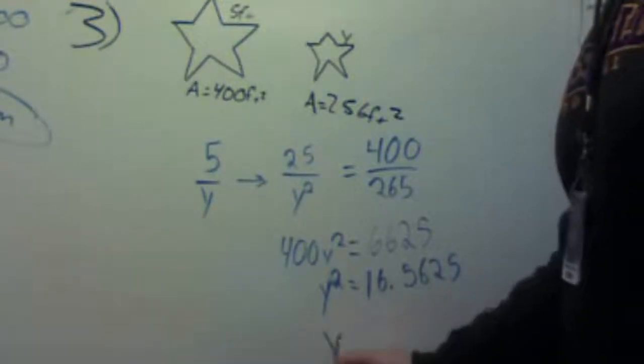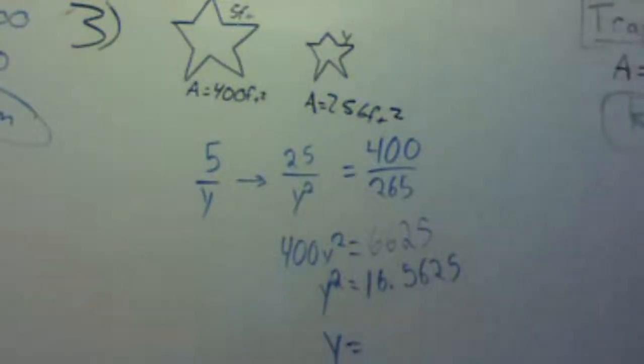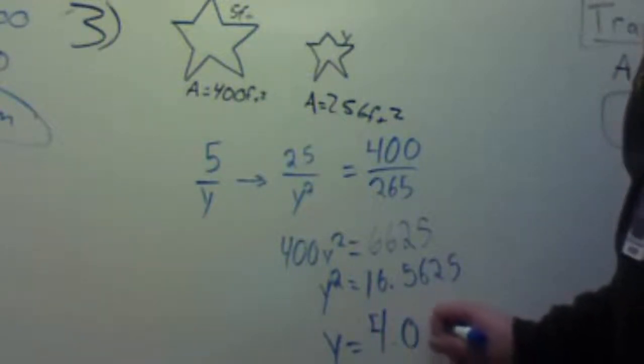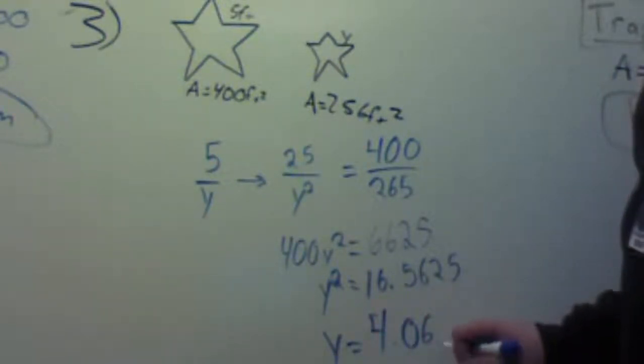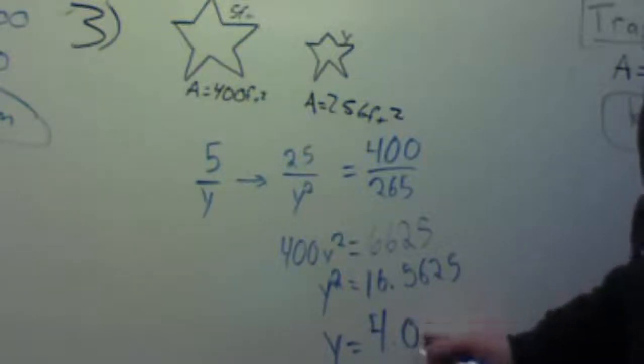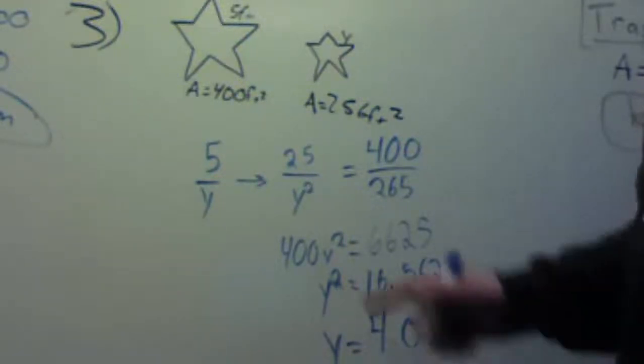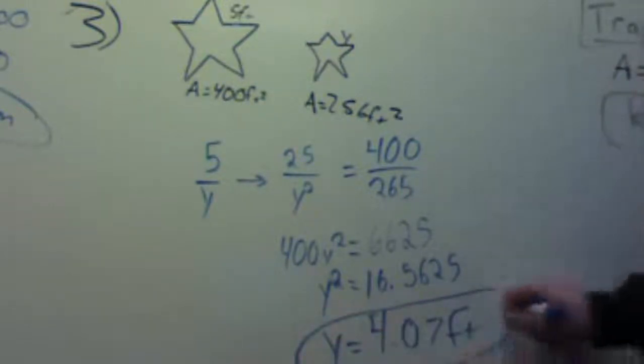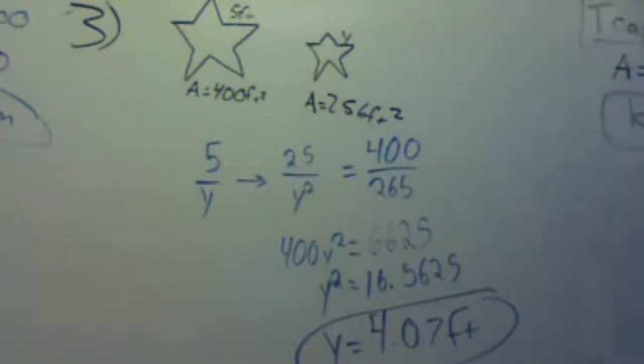If I had to take a wild guess, I'm betting it's something like y equals 5.05 or something along those lines. But let's take the square root of that number. Ooh, it's not nice. It's 4.07. It rounds to 4.07. Units included, they were not, so I have to put feet. There we go. Sometimes you won't get a nice number. Other times you will.